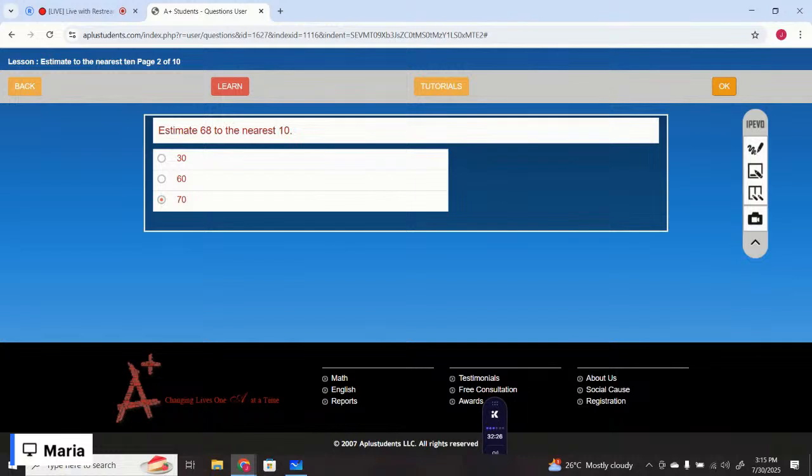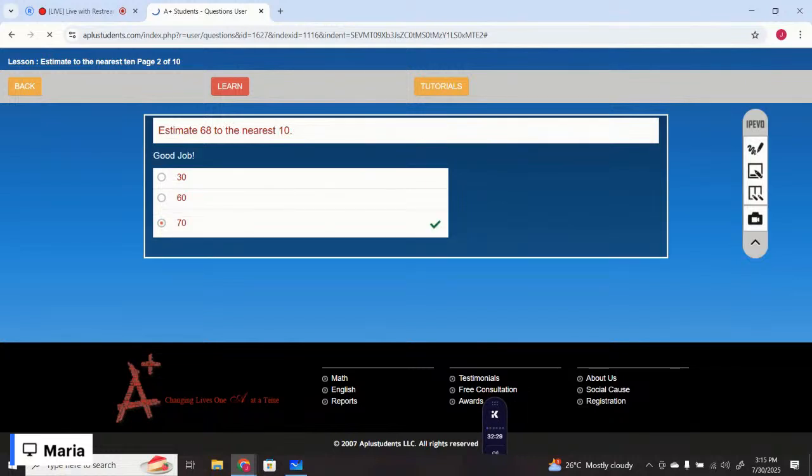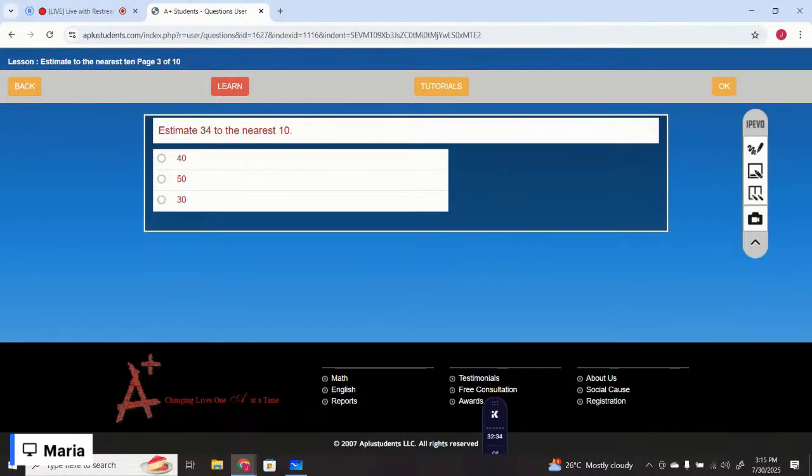Option number 3 is the correct option. Thirty-four is rounded to 30. Option number 3 is the correct option, that is 30.